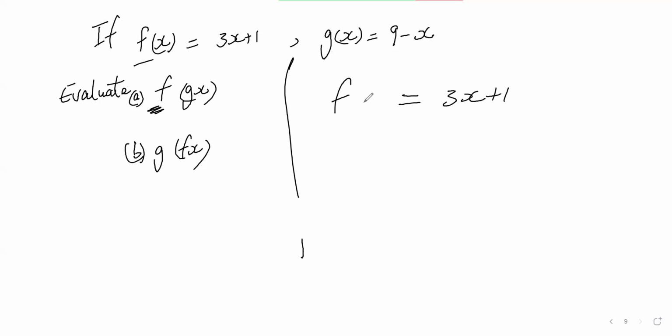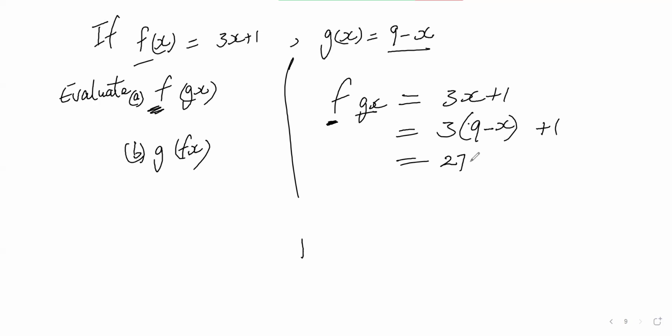And then they ask g of x, right? So always put the first letter first. So I wrote my f, and my g of x, which is this, would be 9 minus x, plus 1. So 9 threes, that's 27.